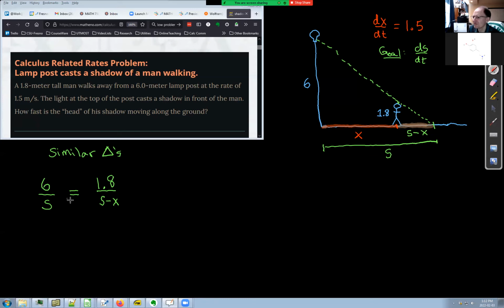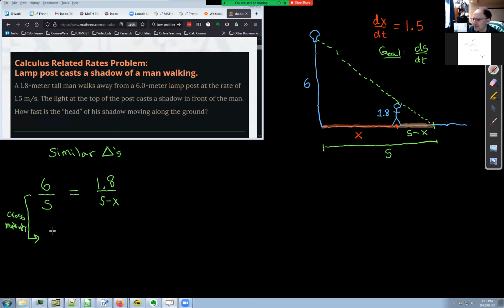Whenever I have one fraction equal to another fraction, my favorite thing to do is cross multiply, because that'll get rid of the fractions. That's a pro tip: whenever you have a fraction on one side and a fraction on the other side of an equation, you can cross multiply and it'll get rid of the fractions.